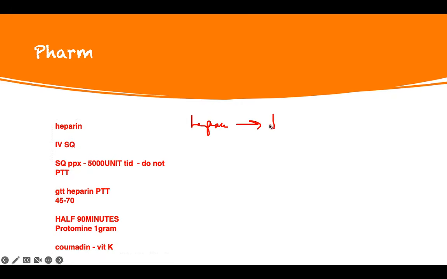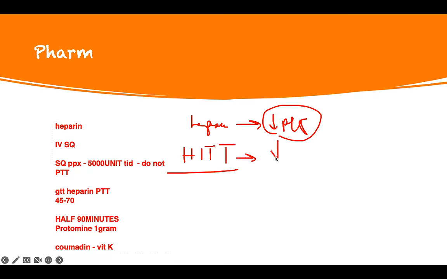Heparin lowers your platelet. And platelets are enemies. So we have something we call HIT, heparin-induced thrombocytopenia. That means when you put somebody on heparin, expect your platelet to go down. That is normal.